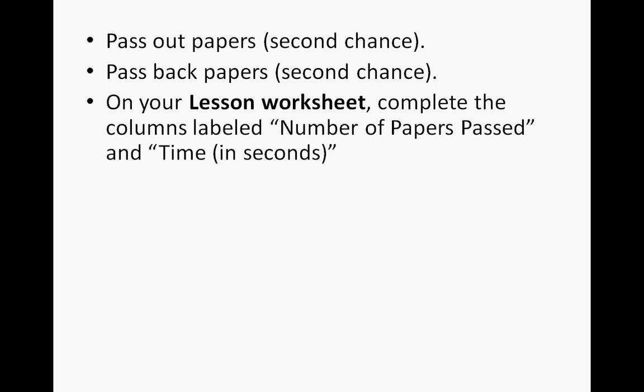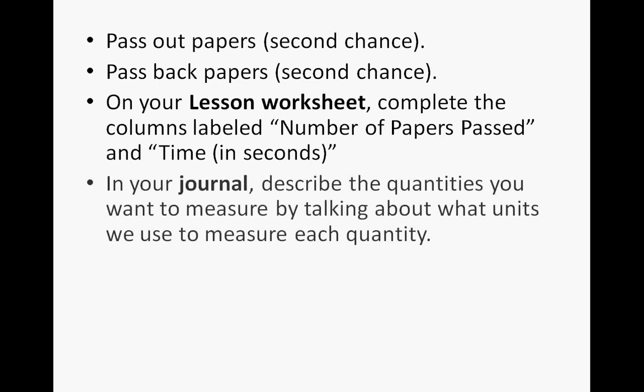All right, now on your lesson worksheet, we're going to complete the columns labeled number of papers passed and time in seconds. Based on our activity in class, you should have that information to plug into your worksheet. Now we're going to switch over to your journal. You want to describe the quantities you want to measure by talking about what units we use to measure each quantity.